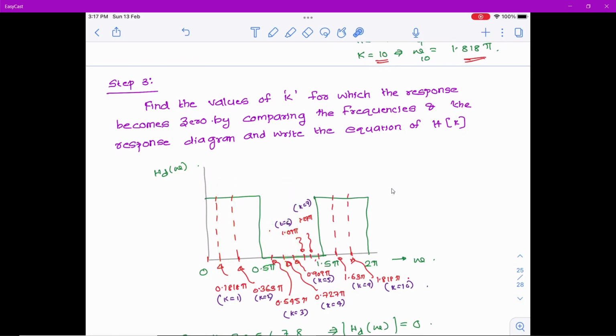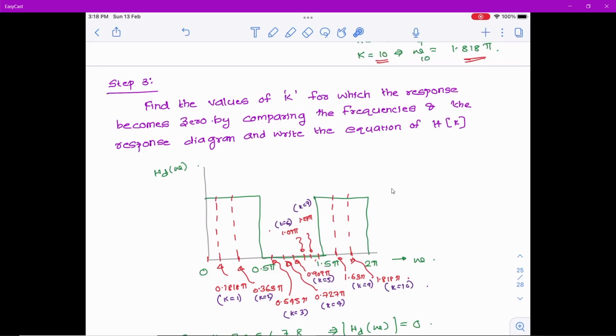So this is at k equal to 0. At k equal to 1, the frequency is 0.18 pi, so that is this point, and the corresponding value is 1. This is our original Hd of omega, which we have drawn like this. Previously, we were considering all the frequencies. Now we are not considering all the frequencies, we are sampling them. We are considering only discrete frequencies.